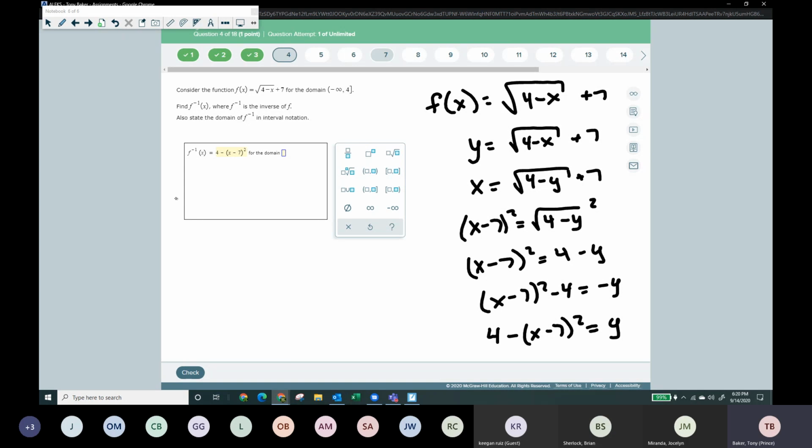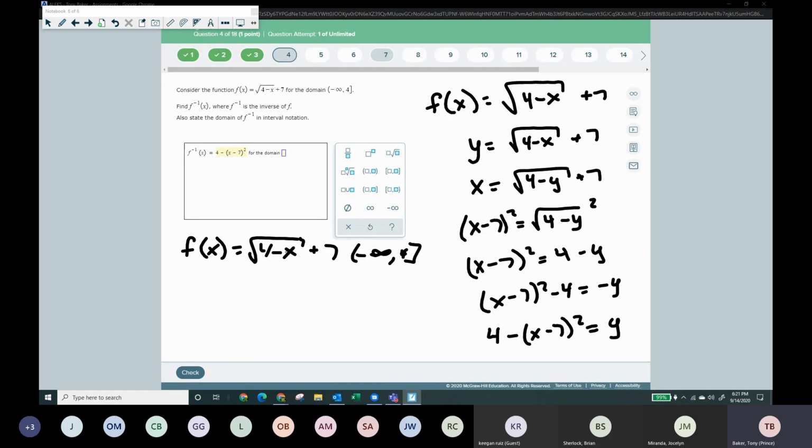So if we're looking at this function right here, f of x equals the square root of 4 minus x plus 7, the domain was negative infinity to 4. The smallest number that could possibly exist in this problem is 4.